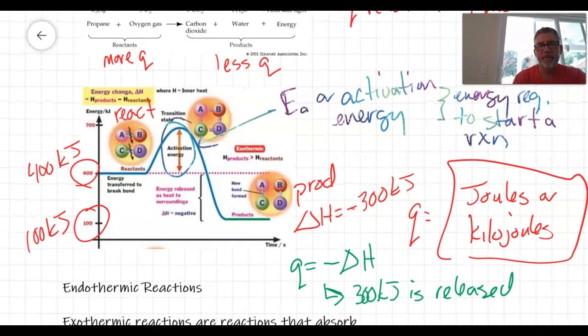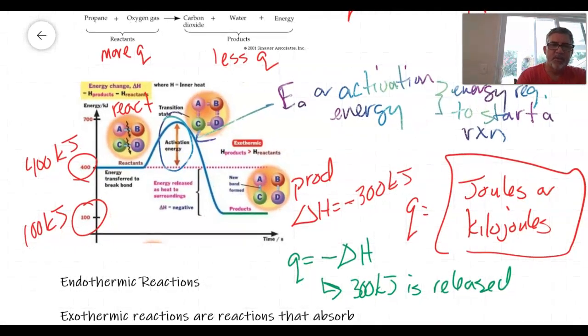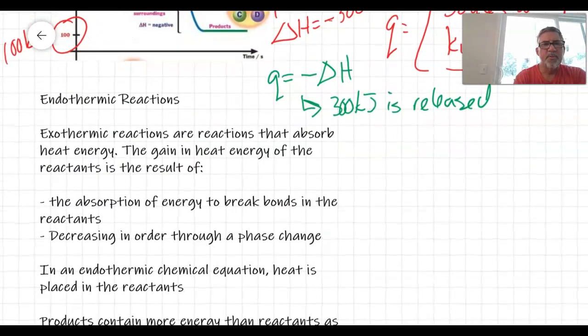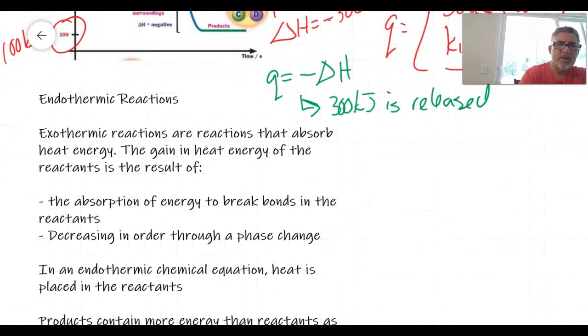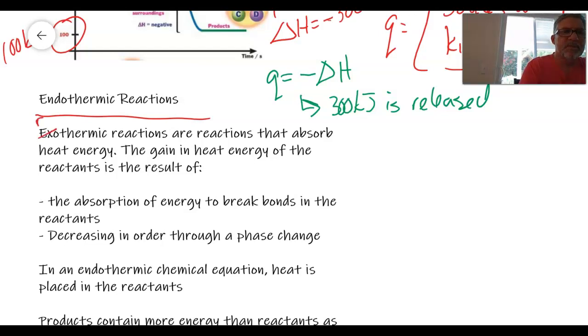Right, so that's exothermic. Energy is released, products have less energy than the reactants. Endothermic reactions: everything we just talked about for exothermic is just about opposite for endothermic. So this should say endo. So endothermic reactions are reactions that absorb heat energy, right?